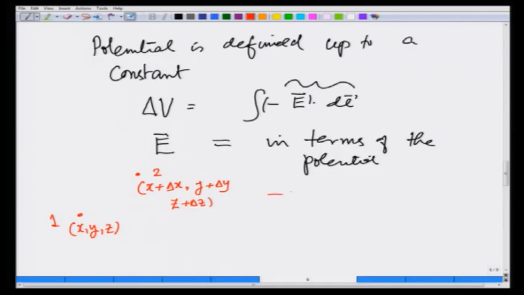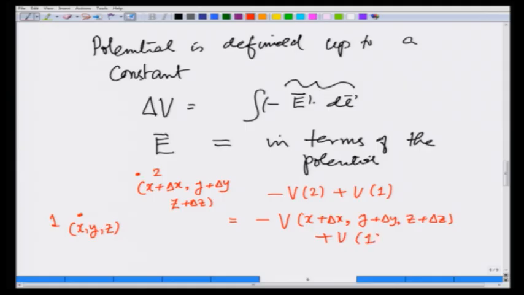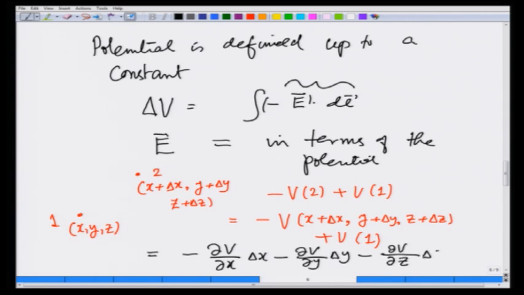Then minus V at 2 plus V at 1 is going to be minus V at x plus delta x, y plus delta y, z plus delta z plus V at 1. And this, by definition of partial derivatives, is equal to minus partial V with respect to partial x, delta x minus partial V over partial y, delta y minus partial derivative of V with respect to z, delta z.